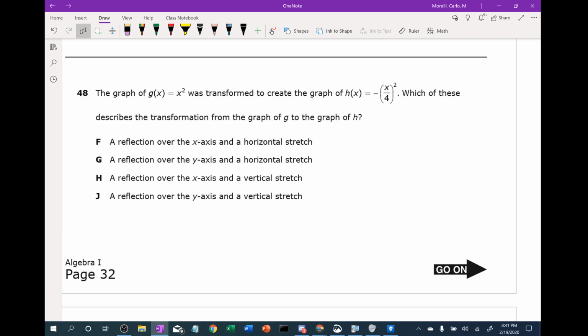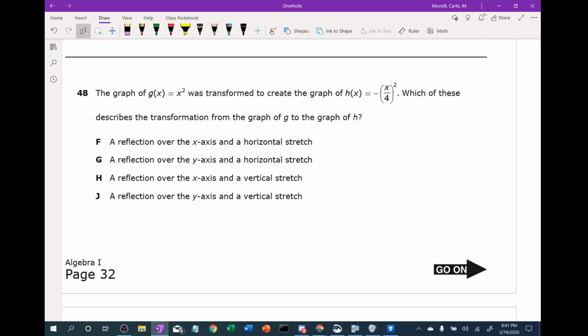The graph of g of x equals x squared was transformed to create the graph of h of x equals negative x over 4 all squared. Which of these describes the transformation from the graph of g to the graph of h?